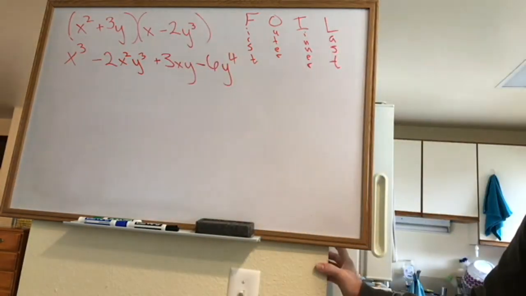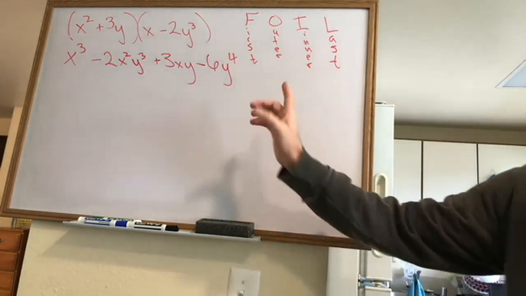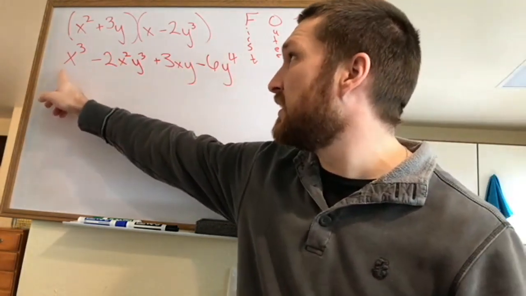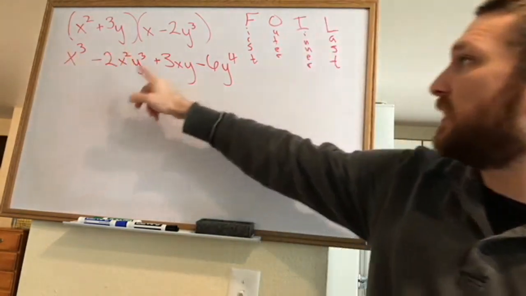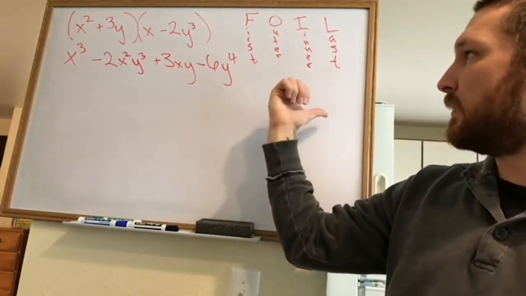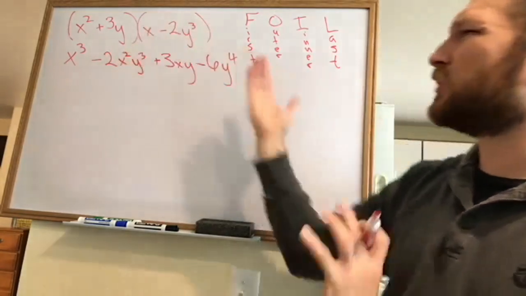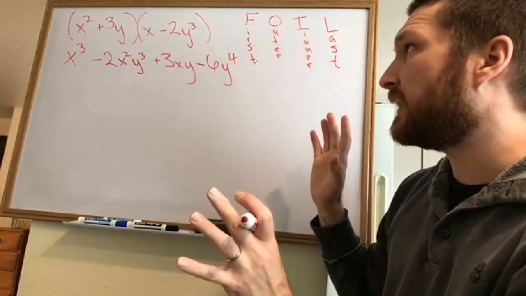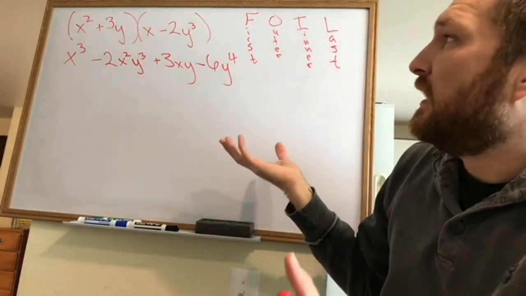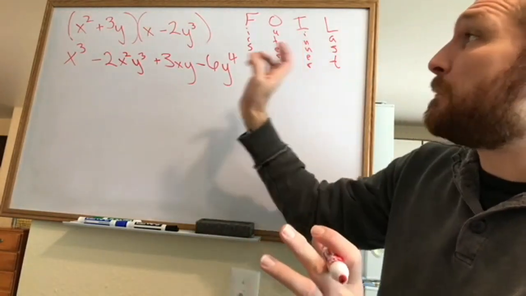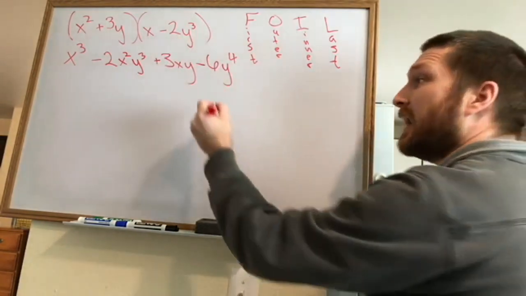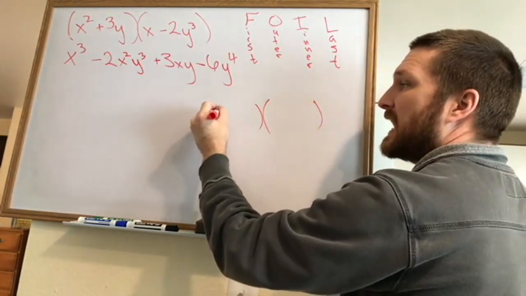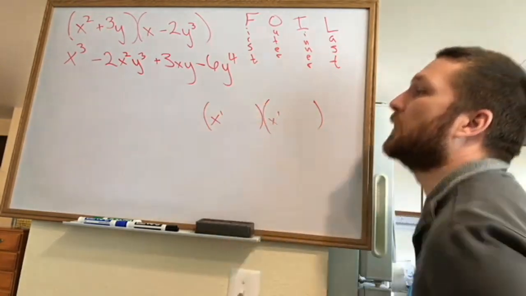Looks good. Now, you'll notice, like I said before, in one case we do have descending x's. We have x cubed, x squared, x, and then x to the 0. The y's are a little bit off, right? That's okay, that could happen. What was different about the other one was they both had the same powers in both of them. So this happened to be x to the 1, that one was also x to the 1.